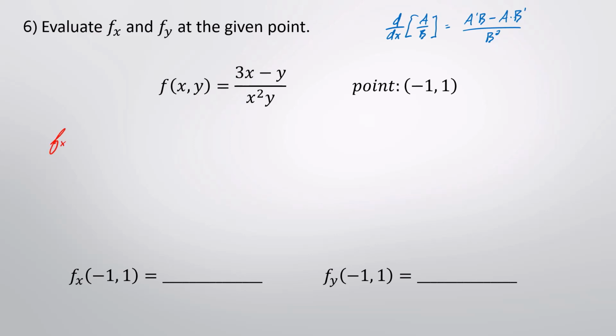This is going to be our first thing that we'll do. We'll just do the partial with respect to x. So I take the bottom function, staying the same, x squared y, times the derivative of the top with respect to x.